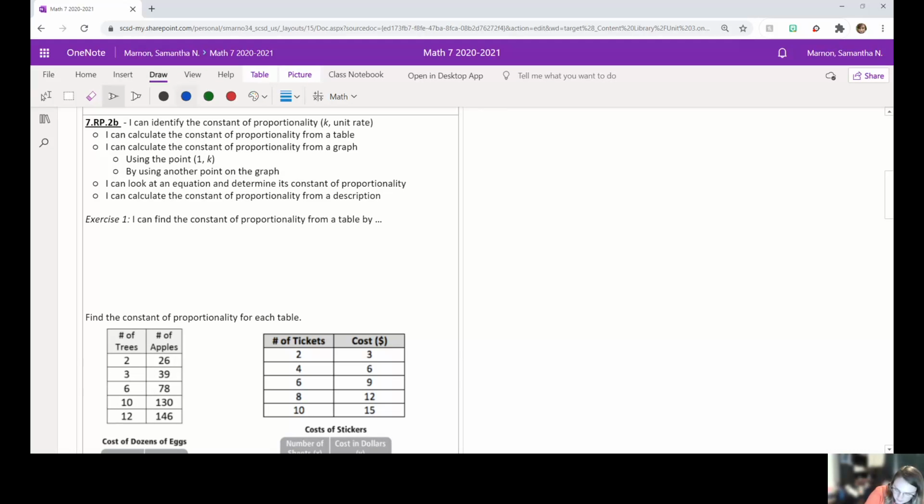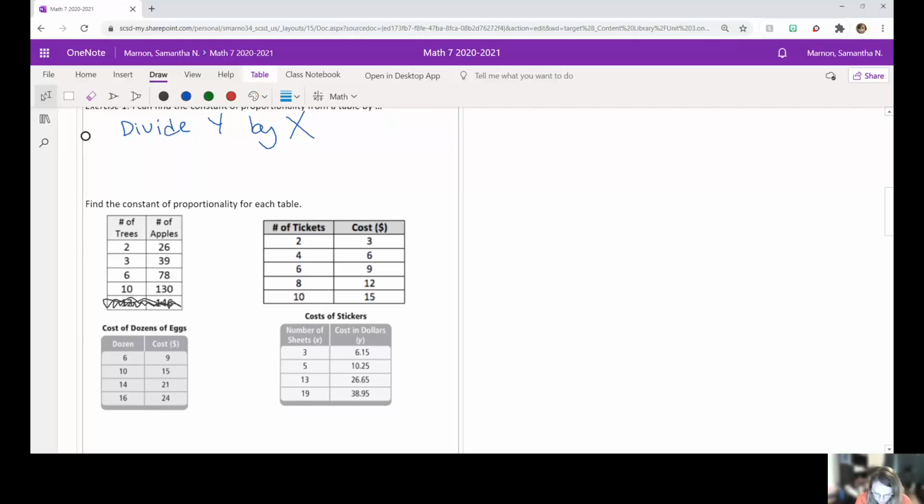Okay, so we already talked about this. We can divide y by x. So now it wants us to find the constant of proportionality for each table. And also just cross off this row right here. I meant to cut that out, but I did not. So all you're going to do, these are already proportional relationships.